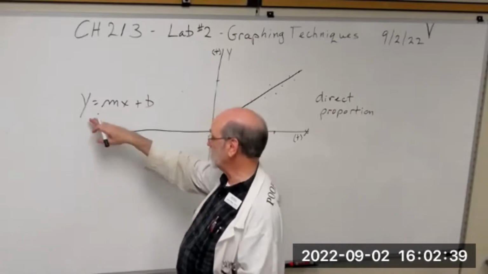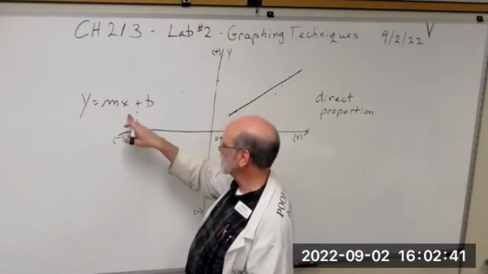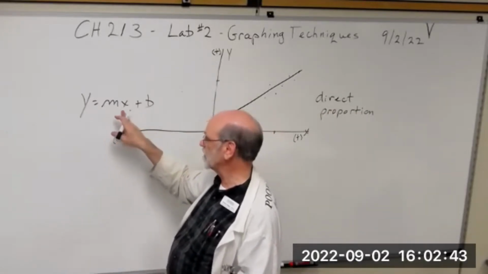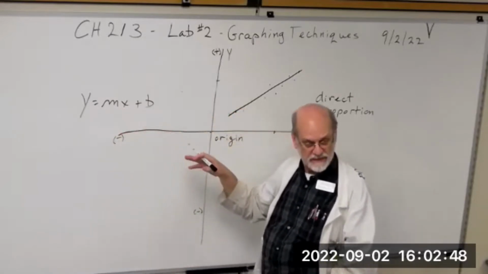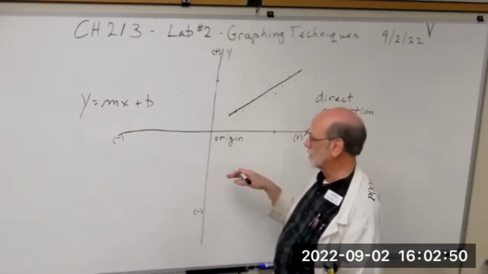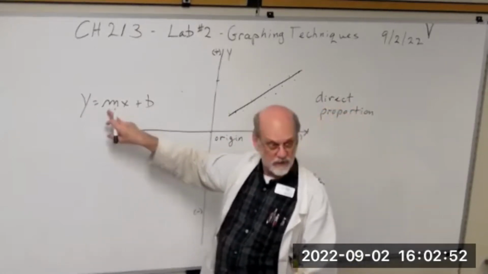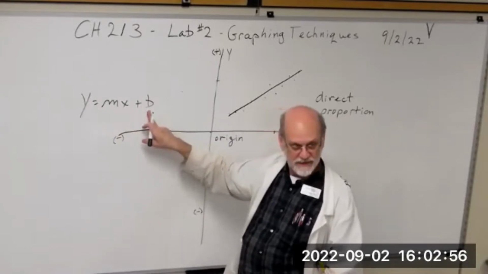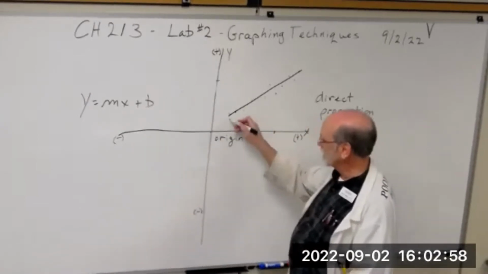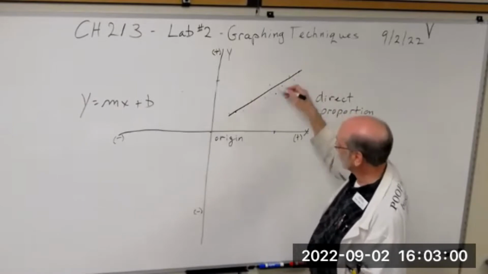Right? Y, the variable y, is equal to some constant value m times x plus another constant b. But they have special meaning here. This is what? The slope of the line. This is the y-intercept. Exactly.